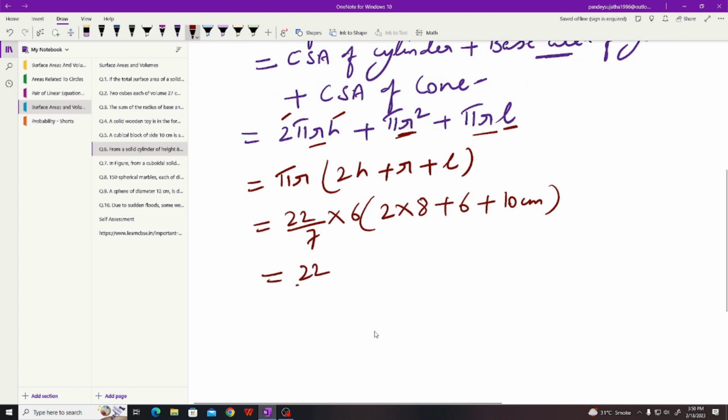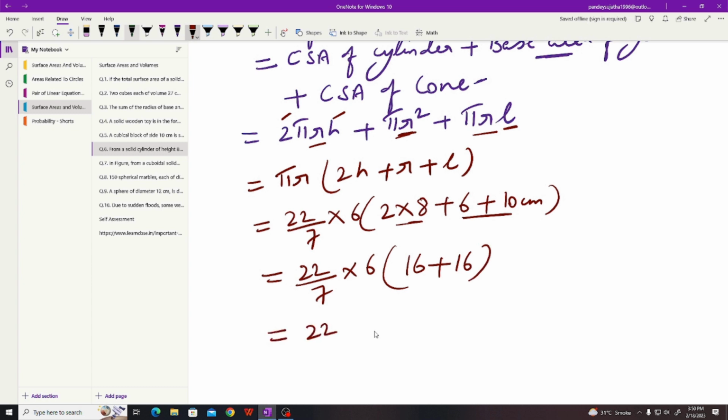Solve it. 22 upon 7 into 6, into, 2 into 8 is 16, plus 10 plus 6 is 16, so we get 22 upon 7 into 6 into 32.